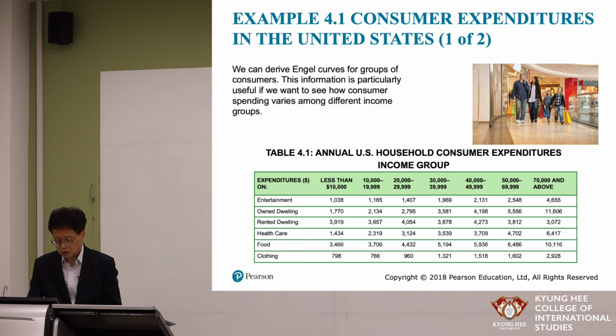Or this is demand for health care by this income household, or demand for food, demand for clothing, like this, right? Similarly, this one is demand for entertainment by really rich people in the United States. That is demand for clothing by high-income earners. That is demand for food by this group. This is demand for health care by this group. Can you understand how to interpret this kind of table, right?